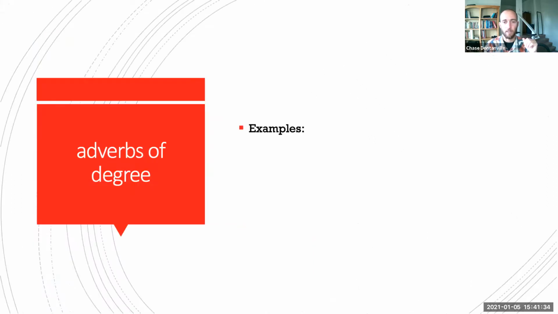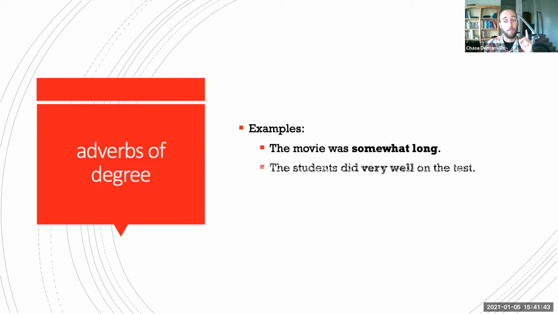Examples. The movie was somewhat long. So not very long, just somewhat. The students did very well on the test. Our team played pretty badly last night. So somewhat, very, pretty, these change the degree of the adjective, either stronger or weaker.